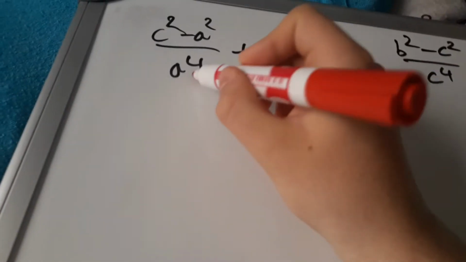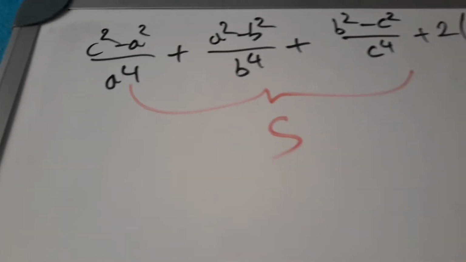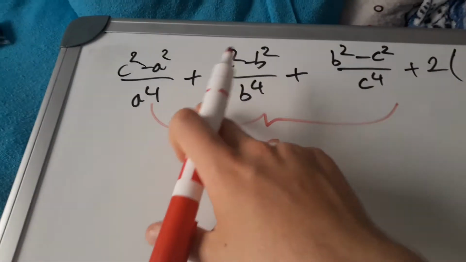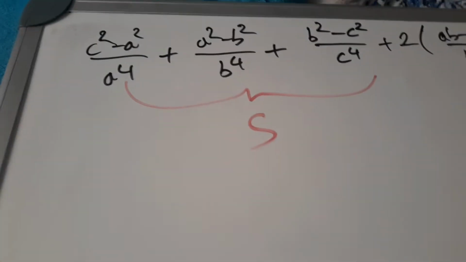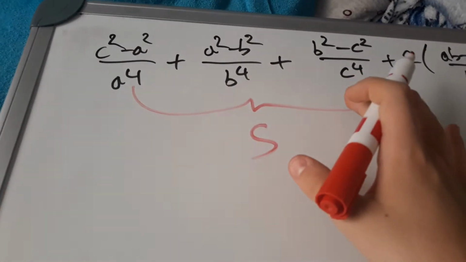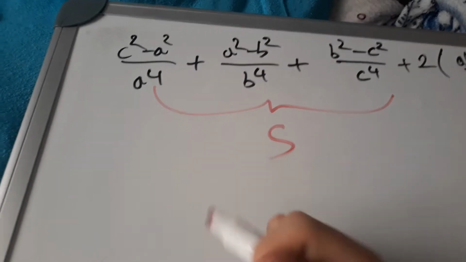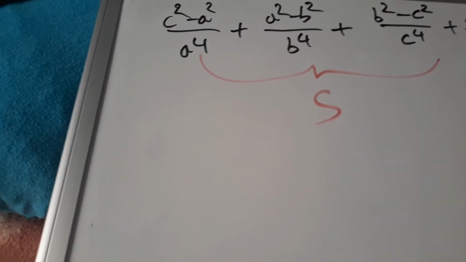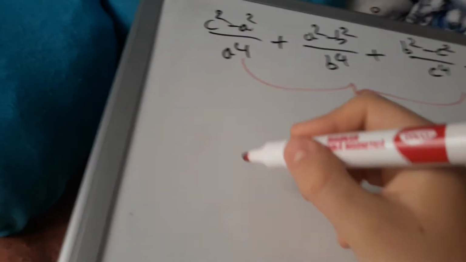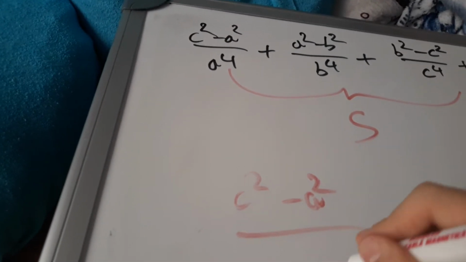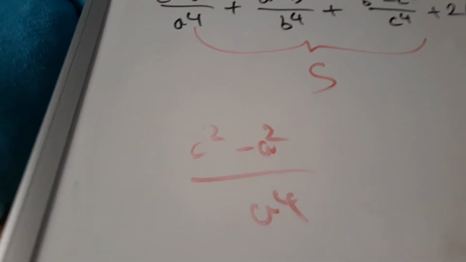Now I will note this sum to be S, and now we will analyze every term from this. Now the sum of this, which is greater than 0, will be proven in the next moments. Now let's take C squared minus A squared over A to the 4.